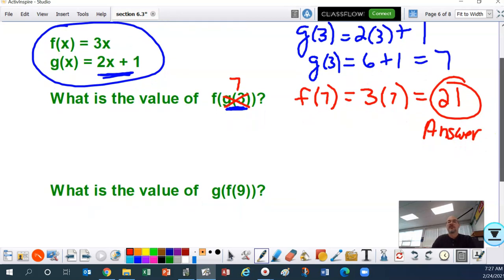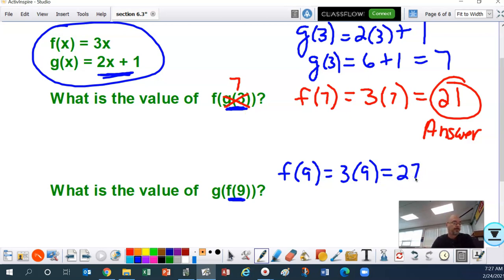All right, so this one says, okay, plug the 9 into the f of x. Okay, here we go. So I'm going to plug the 9, always start on the inside, into f of x. So f of 9 equals 3 times 9, and 3 times 9 is 27. Okay, now I'm going to take the 27, I'm going to imagine that that becomes a 27.